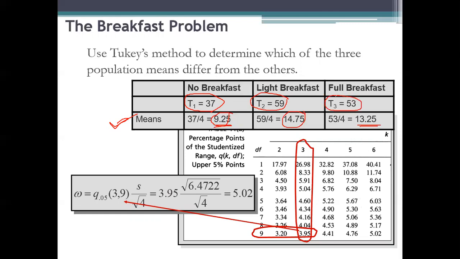To get the means for the Tukey method, we divide the total value 37 by 4, because we have 4 in each group. Same for late breakfast, 59 divided by 4, and 53 divided by 4. So you get T1, no breakfast, equal to 9.25, T2 equal to 14.75, and T3 equal to 13.25.